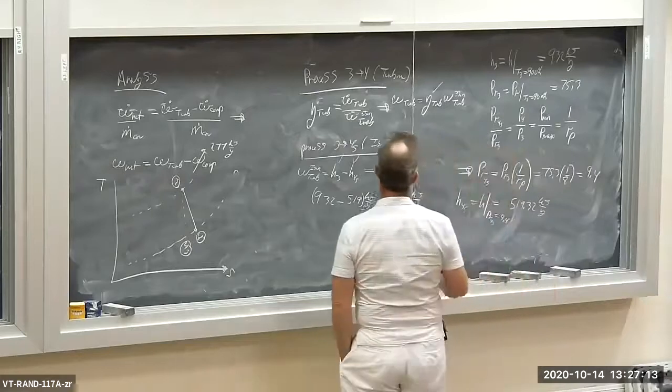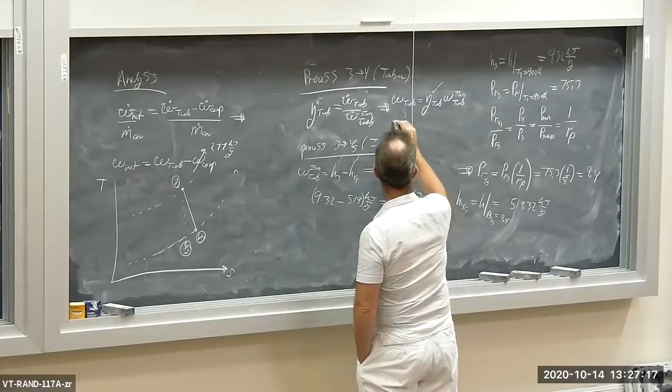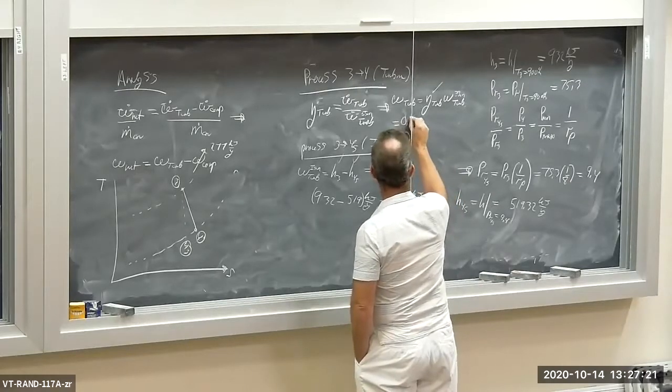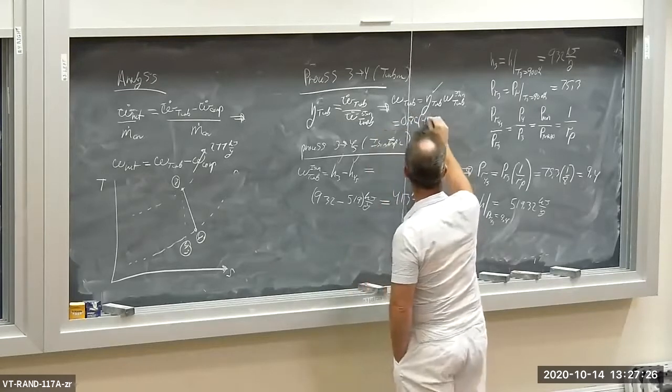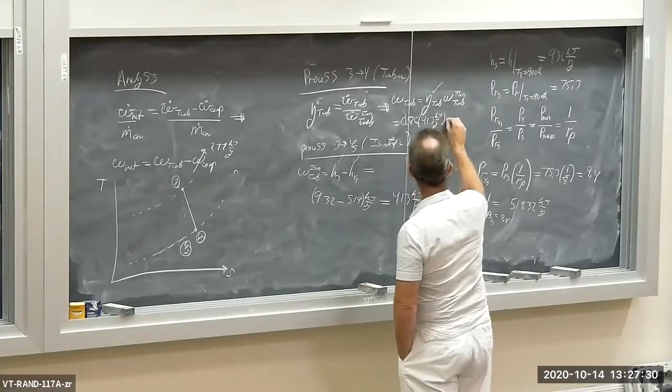Okay? So the work for the turbine is the isentropic efficiency, and that is 86%. So 0.86 times the specific work for the isentropic turbine.